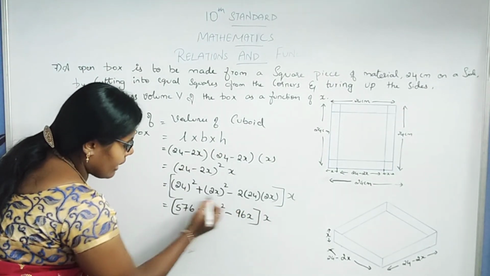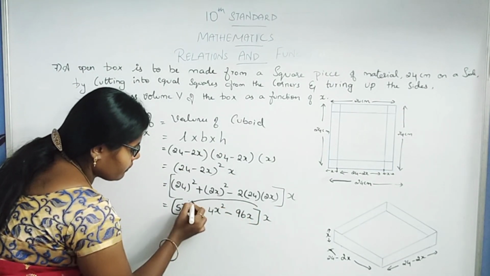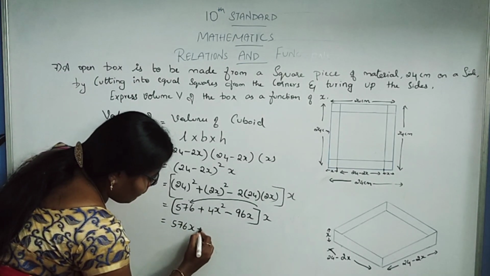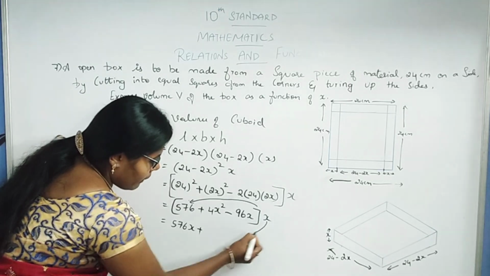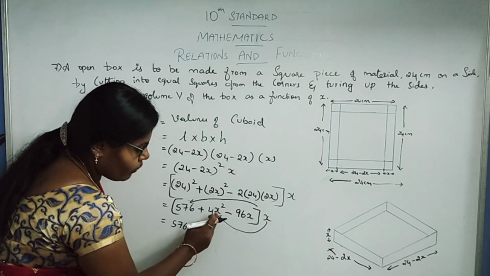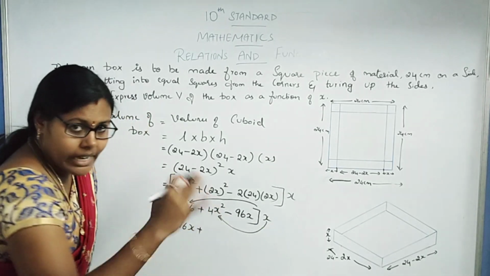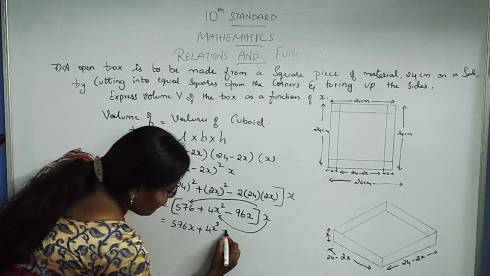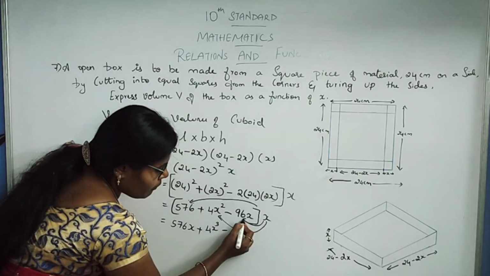Okay. So now what we'll do? We'll multiply this x with this first. So 576x plus, again multiply with this. So 4 into x square into x. Already you have x square here. One more x becomes x cube. So 4x cube. Then minus, again this x will be multiplied here.